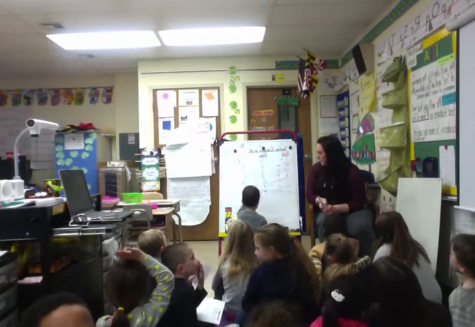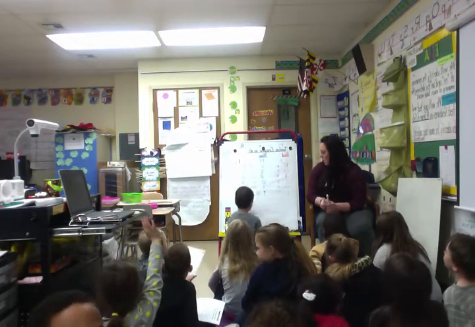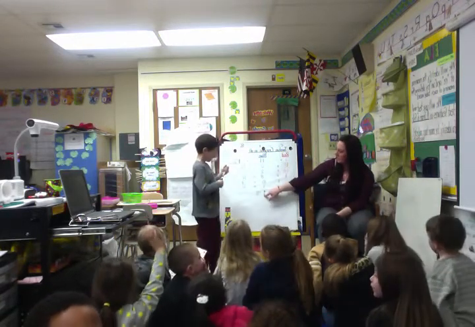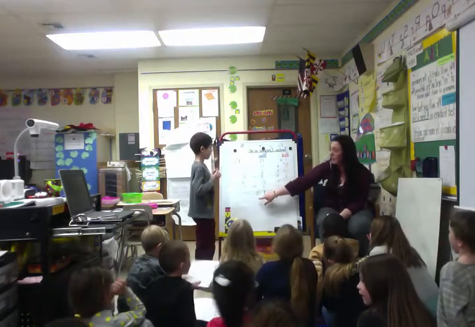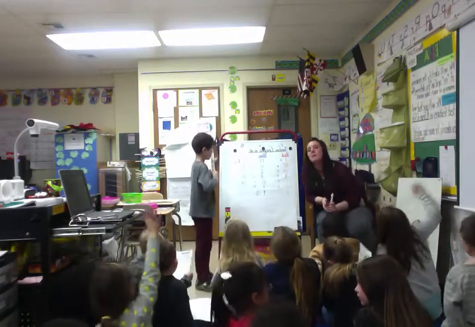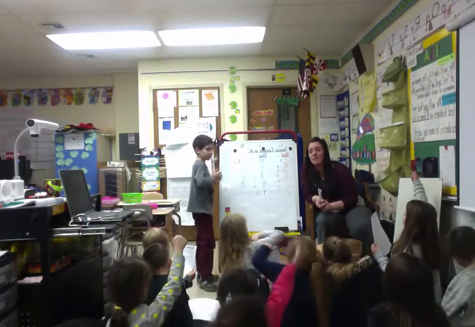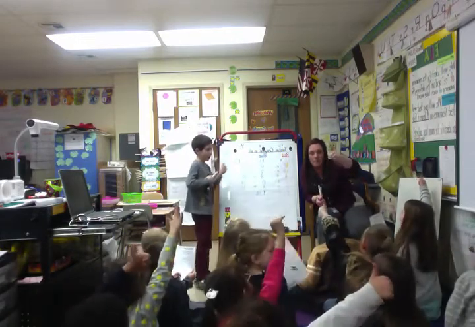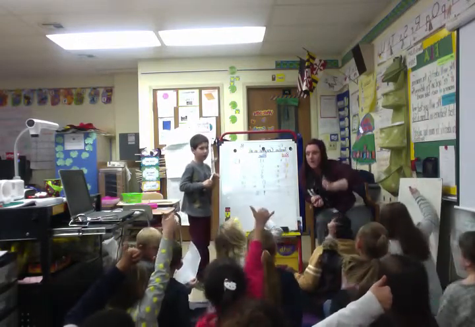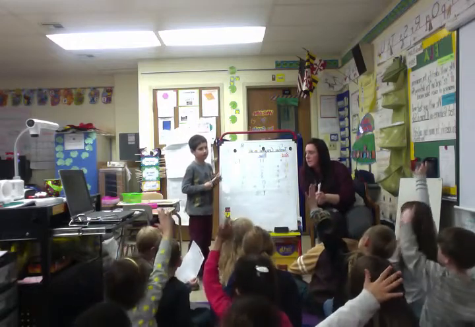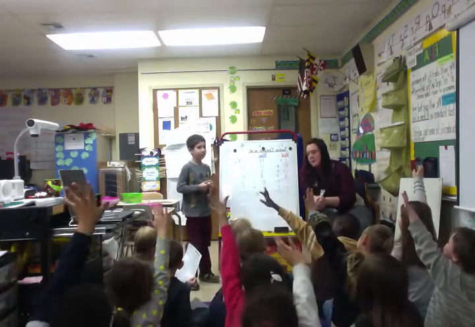So Bryce wrote 3 red crayons plus 9 blue crayons equals 12. Do we agree with that? Yeah. Thumbs up, thumbs down. All right, Bryce, pick a quiet friend to give us another combination.